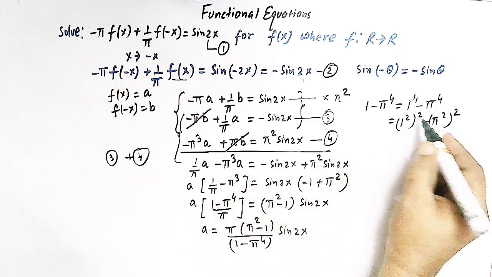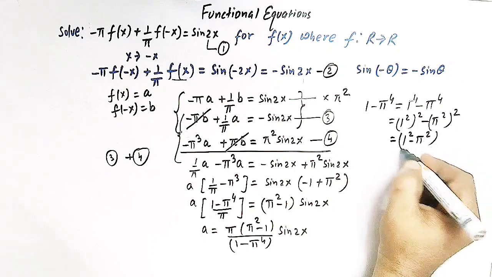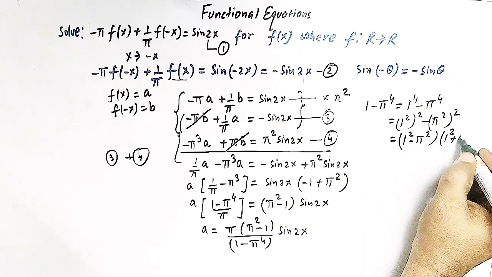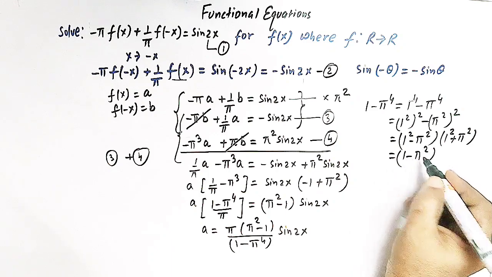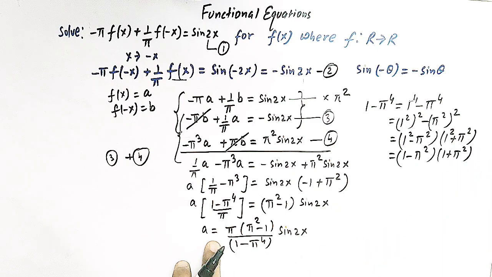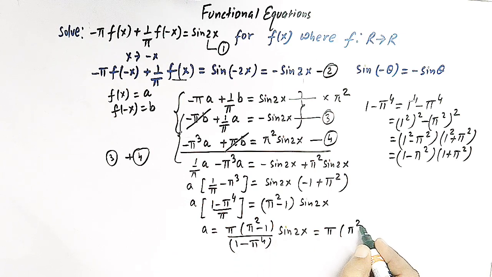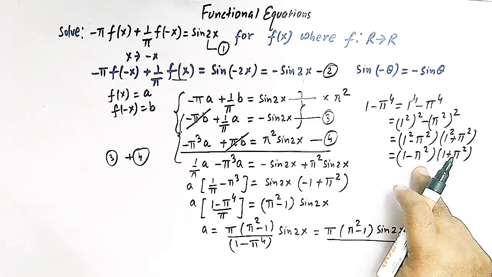Now we have a square minus b square, so we can write 1 square minus pi square times 1 square plus pi square, so this is 1 minus pi square times 1 plus pi square. So from this equation we can write pi square minus 1 sine 2x, and in the denominator we have 1 minus pi raised to 4, which can be replaced by this expression.